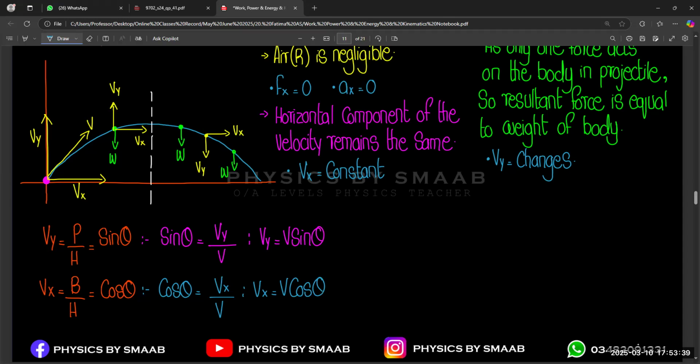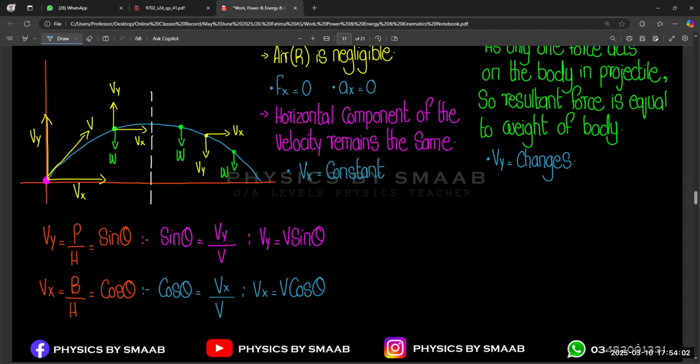So in this way, we can make the components and we can calculate any unknown quantity related to x-axis and y-axis. And we already know about the equation of motion. So we can apply equation of motion with respect to the horizontal component, with respect to the vertical component, or whatever the component they are asking about.